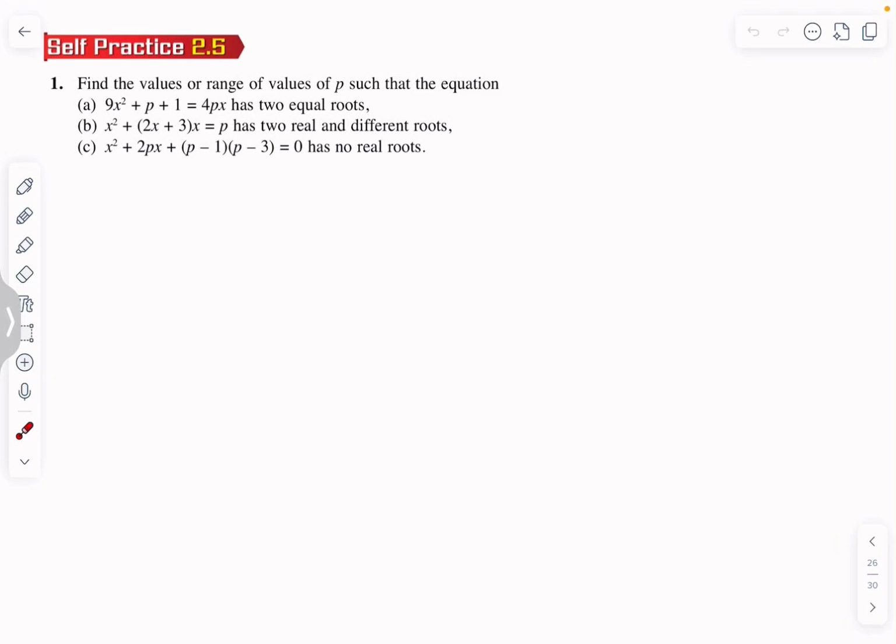Question 1. Find the values or range of values of p such that this equation has two equal roots. Okay, so we have to know if b square minus 4ac is less than 0, we will get no real roots.